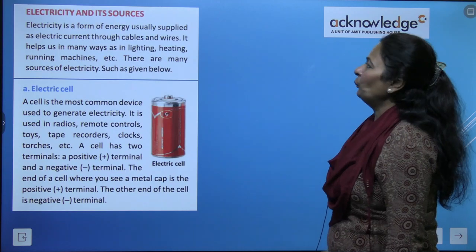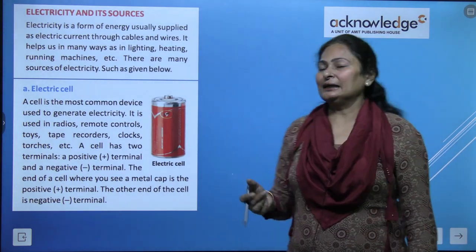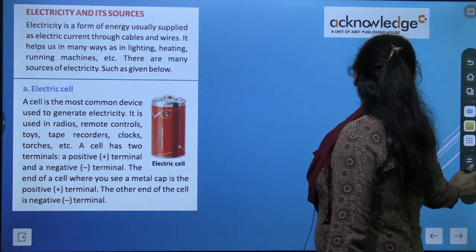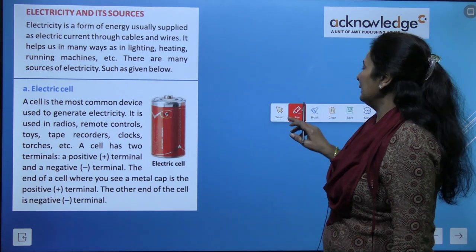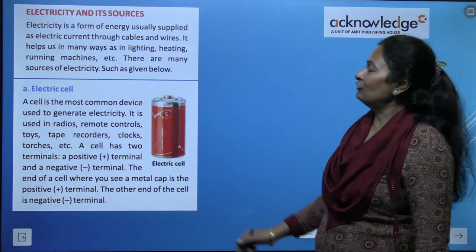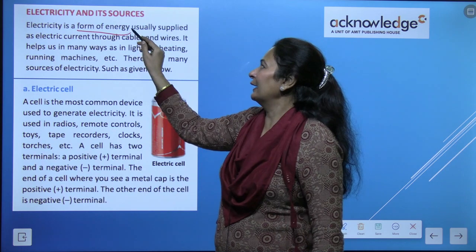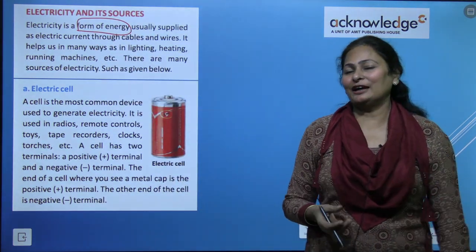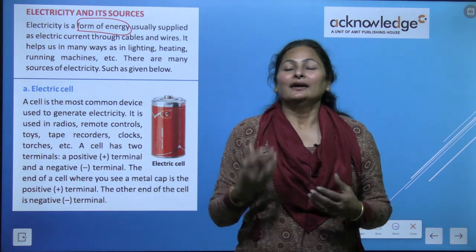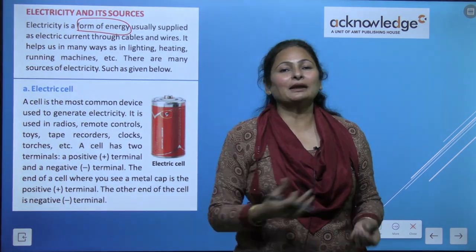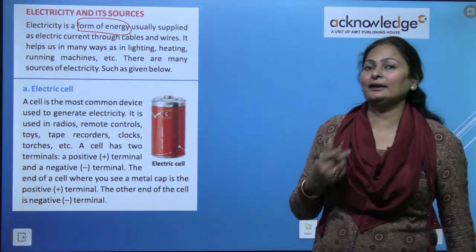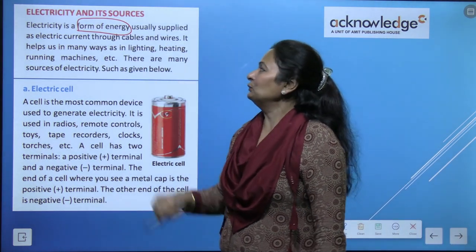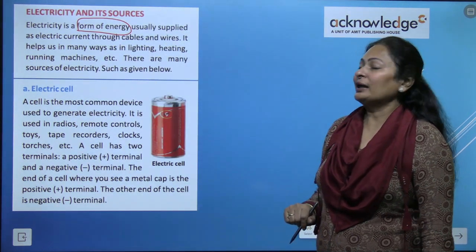So let's start with the electricity and its sources. From where do we get this electricity? Electricity is a form of energy. Again, it is the form of energy, as we have seen in the case of light. Similarly, electricity is again the form of energy, usually supplied as electric current.